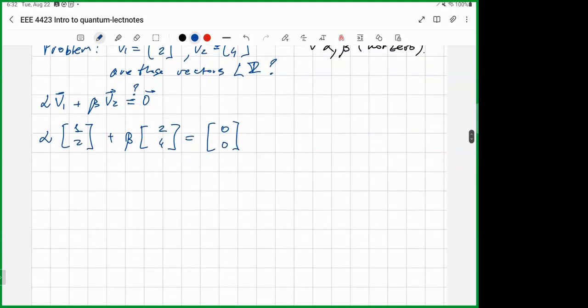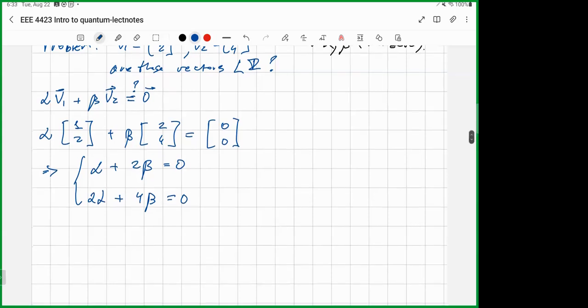Now I can multiply alpha by the first vector, beta by the second vector, and rewrite this as a system by components. So alpha times 1 gives me alpha, plus beta times 2 gives me 2 beta, equal to 0. Alpha times 2 gives me 2 alpha plus 4 beta equals 0, right?